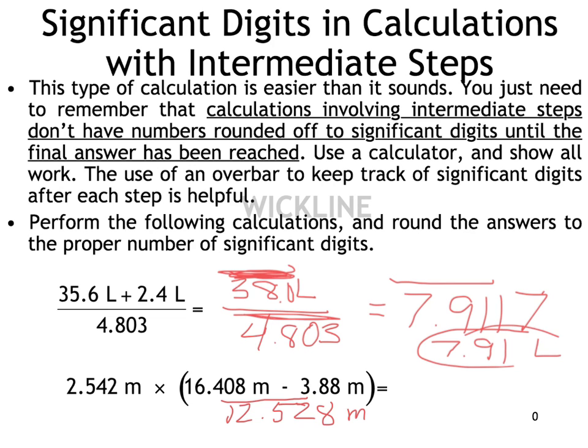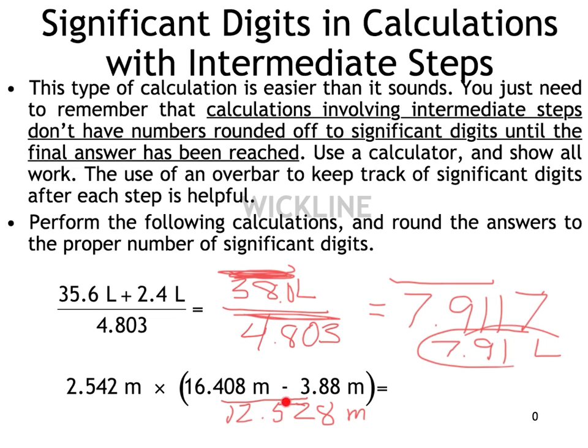Now, it does say that when you're doing these calculations involving intermediate steps, that you do not round off to the significant digits until the final answer has been reached. So I'm going to leave this as 12.528, and I'll just keep track that I need to be rounding off to this 2 at some point.